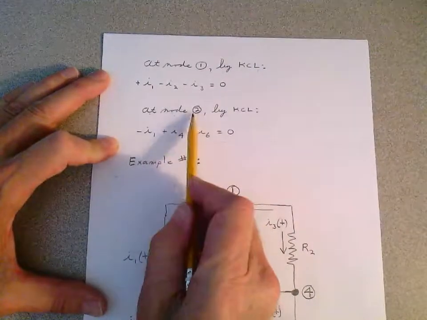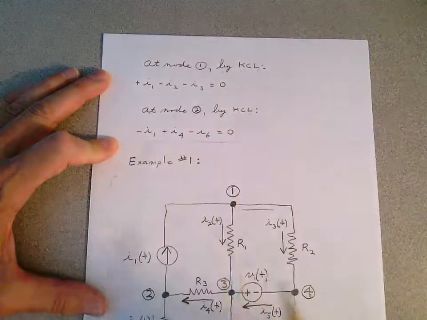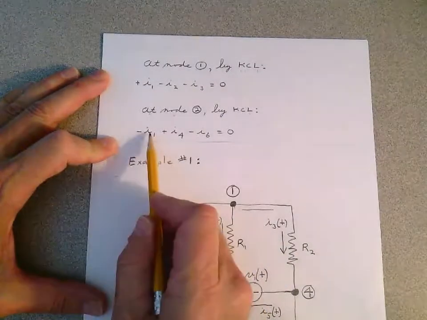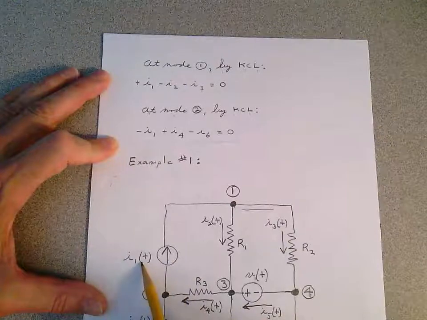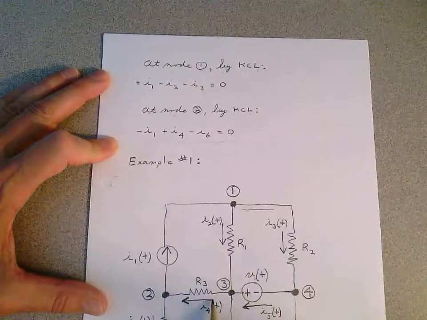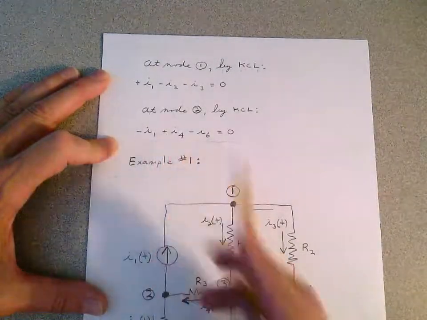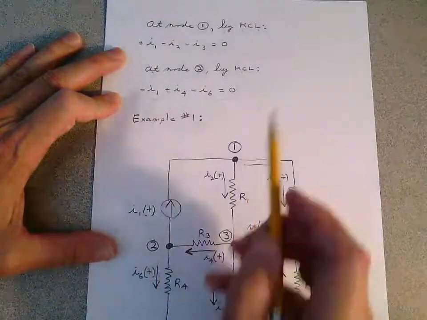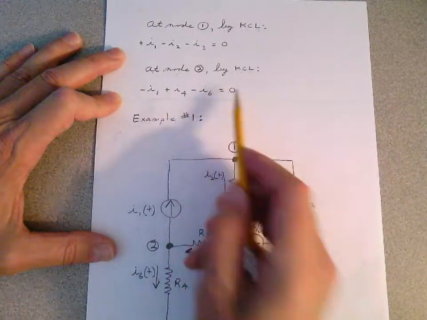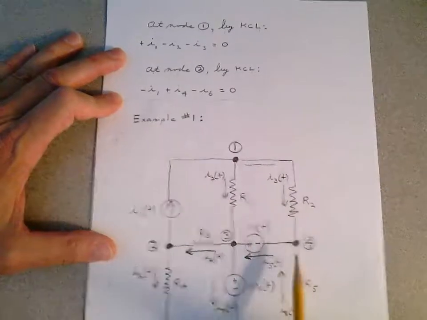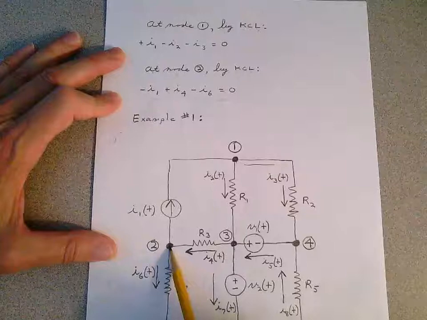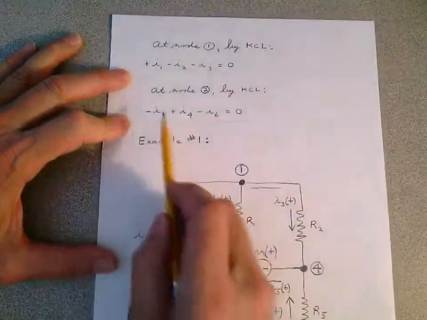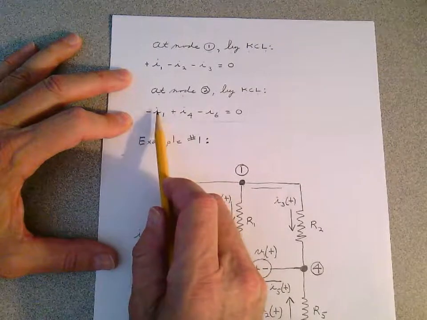You'd say at node 2 by Kirchhoff's current law. So I have a minus I1 because it's leaving, plus I4 because it's entering, and a minus I6 because it's leaving, equals 0. And before I move on, check how many currents go in and out of that node. 1, 2, 3. So you better have three currents represented.